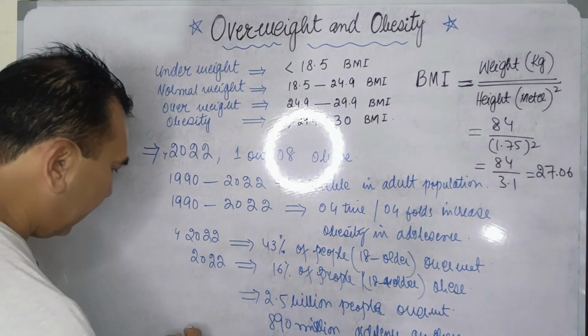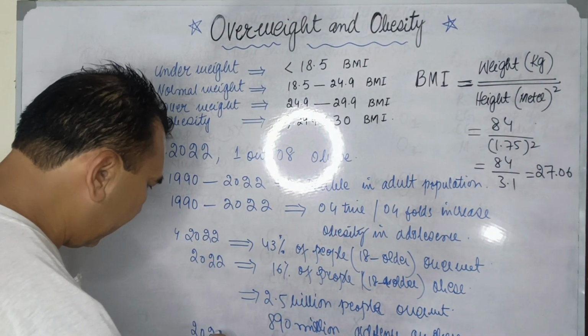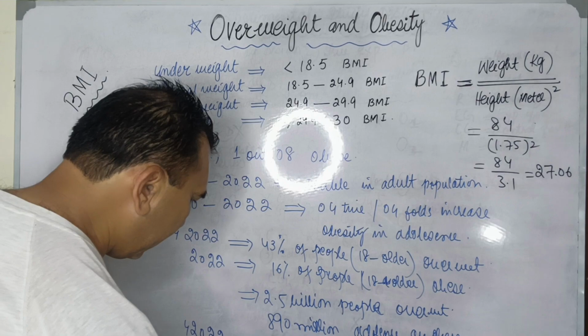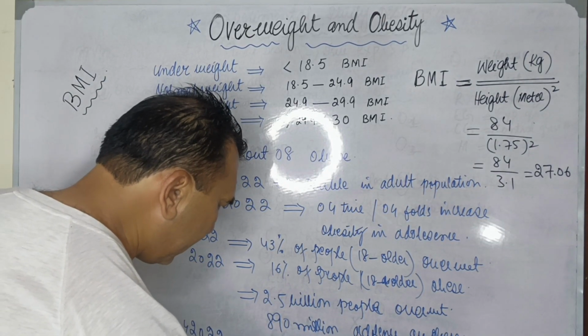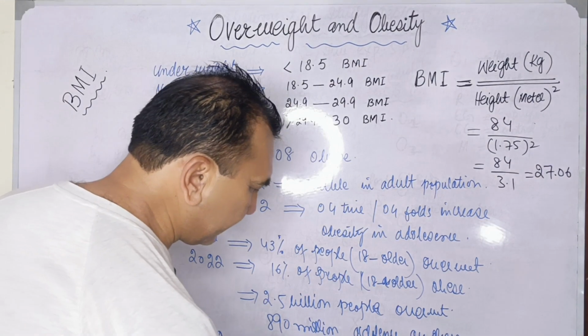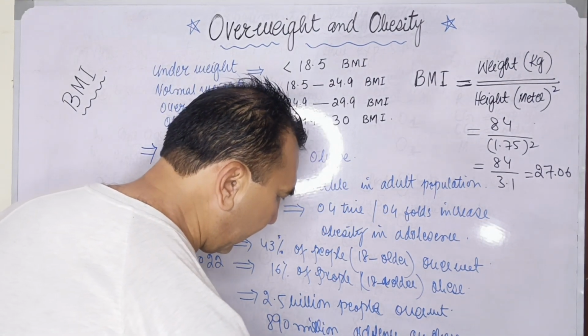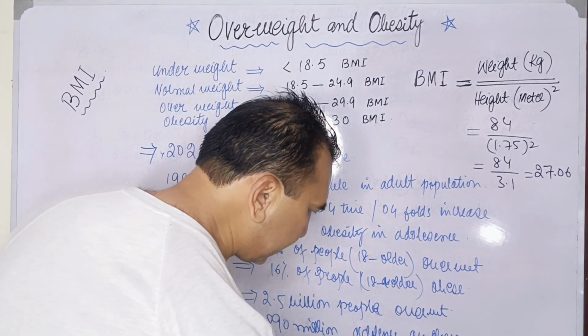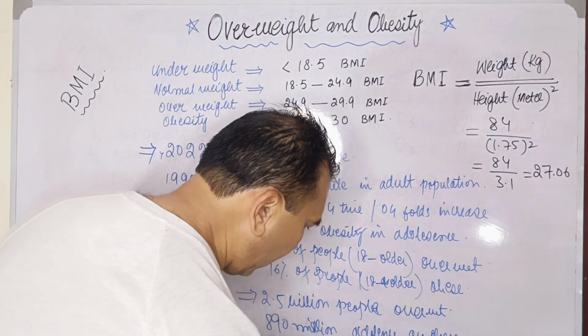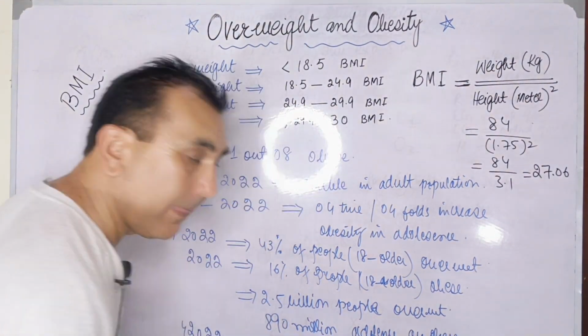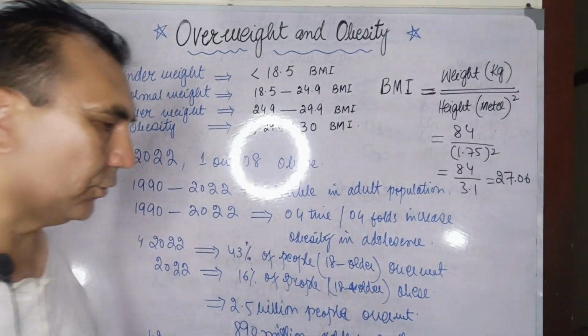So in 2022, around 37 million children under 5 years were obese.